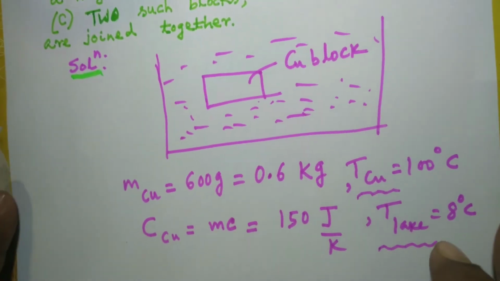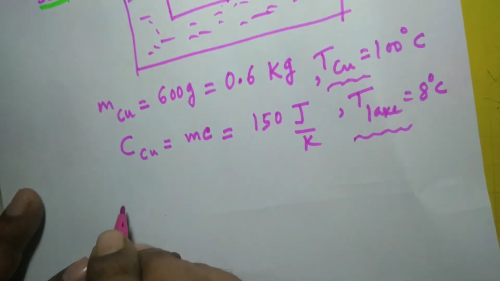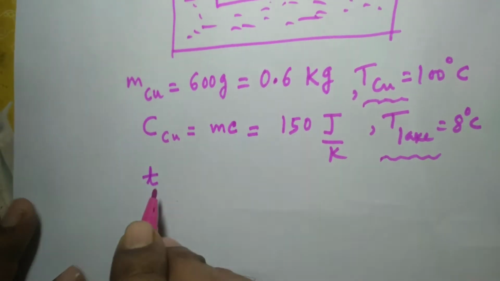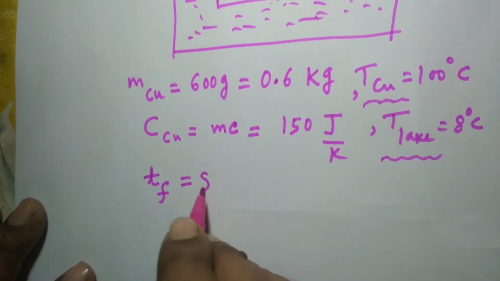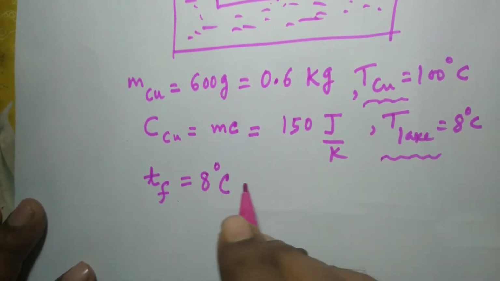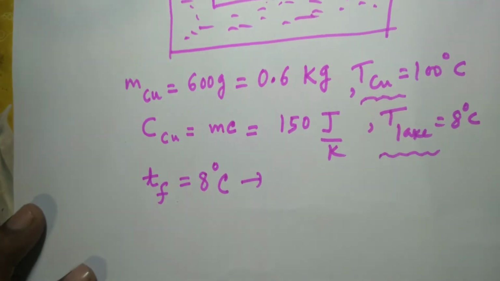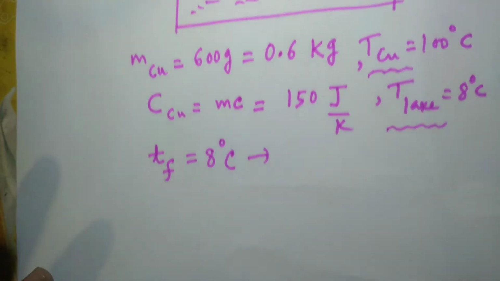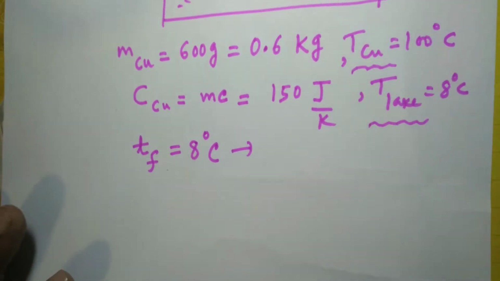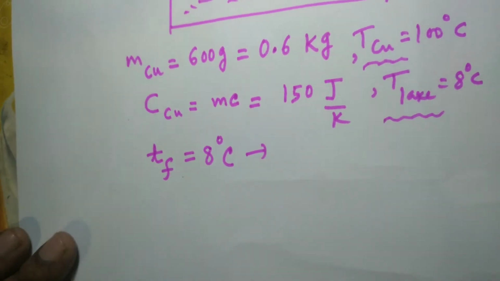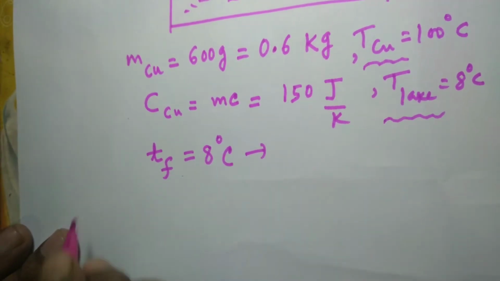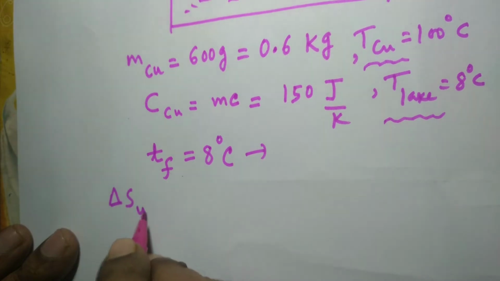So that means the final equilibrium temperature here, TF, will be nothing but 8 degrees Celsius. That is the temperature of the lake. Here lake will be acting as the thermal energy reservoir. So we want to calculate delta S universe.